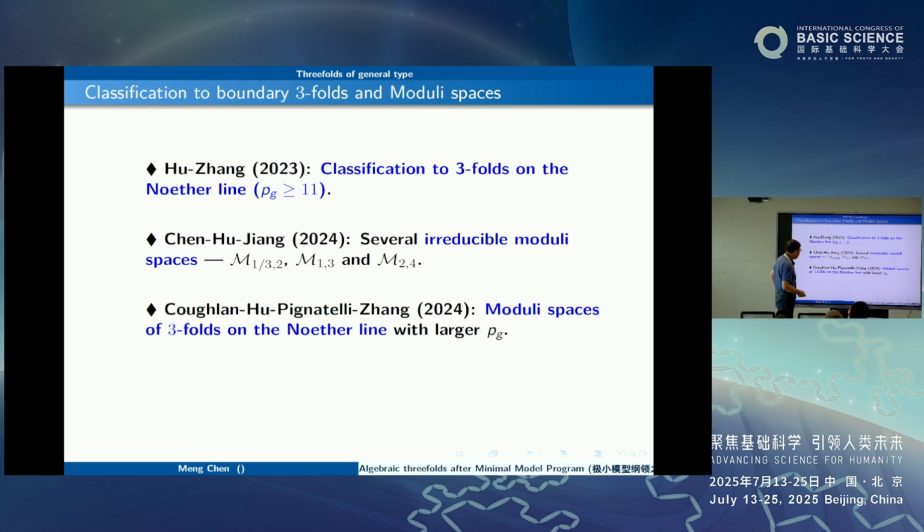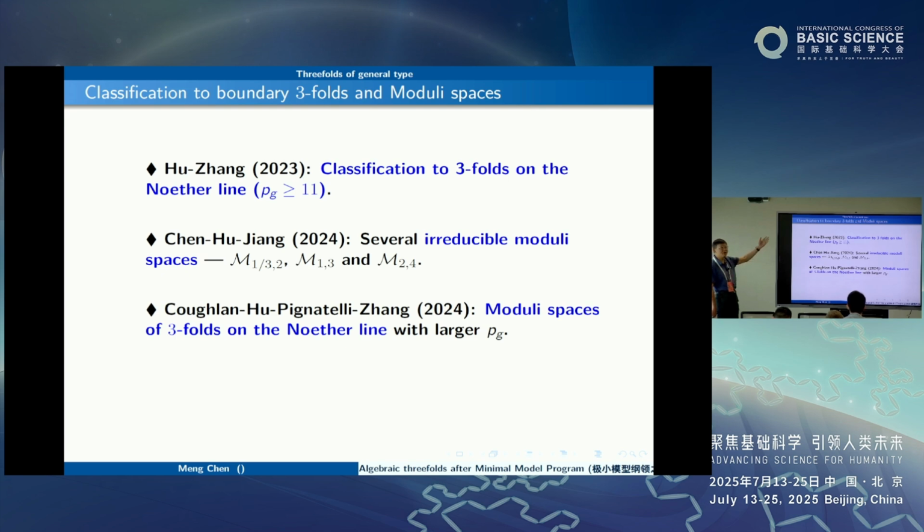So recently we continued the story started by Reid. The method of Reid is that you assume the complete intersections have canonical or terminal singularities.